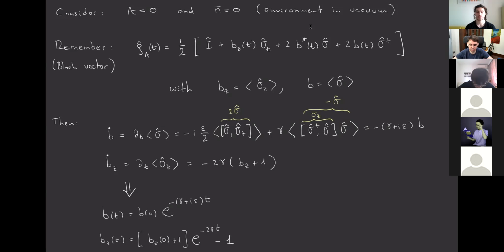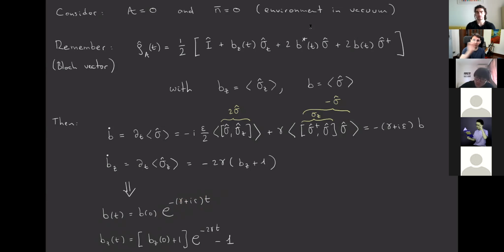So what is the difference with the purely Hamiltonian situation? Remember that in the purely Hamiltonian case, what we got was that b_z was constant, b_z(0), and we also found that we had precession around the z axis, which was given precisely by this exponential of minus i epsilon t. So now, on top of this precession around the z axis, what we have is decay.